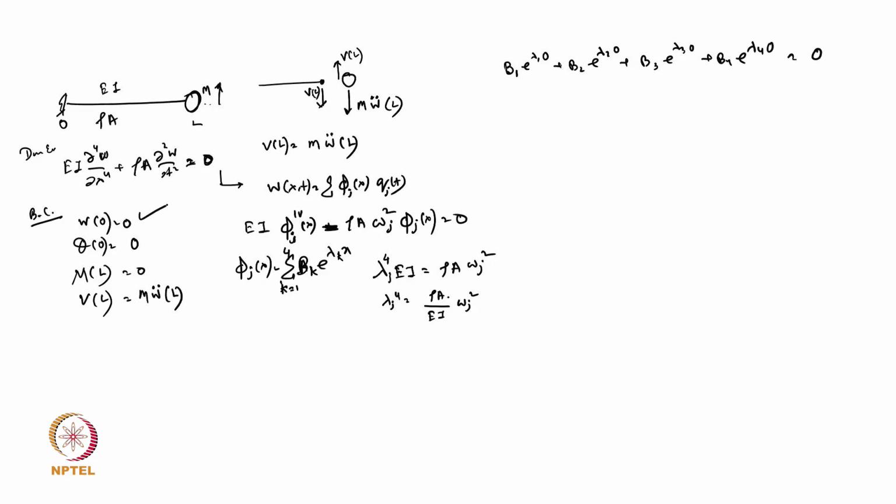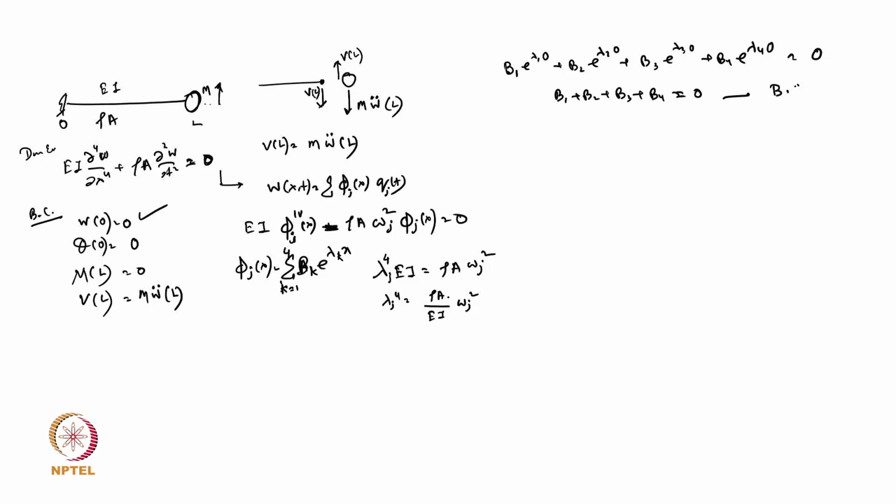That is my first equation of motion, where I implemented the first boundary condition. Second boundary condition: if I see the first equation, I can rewrite it as b1 plus b2 plus b3 plus b4 all equal to 0.